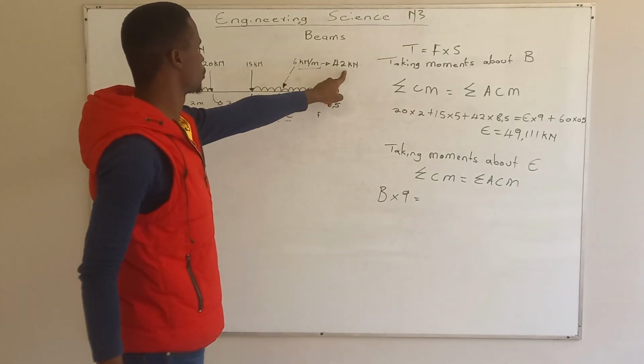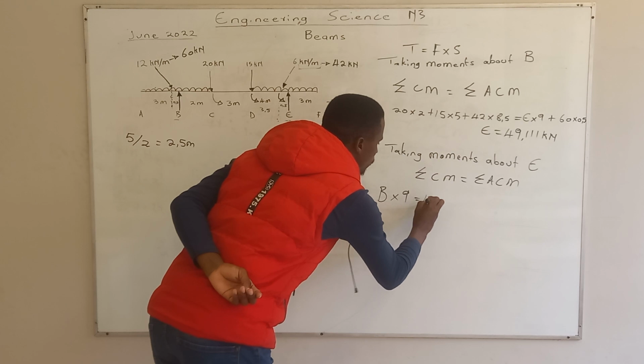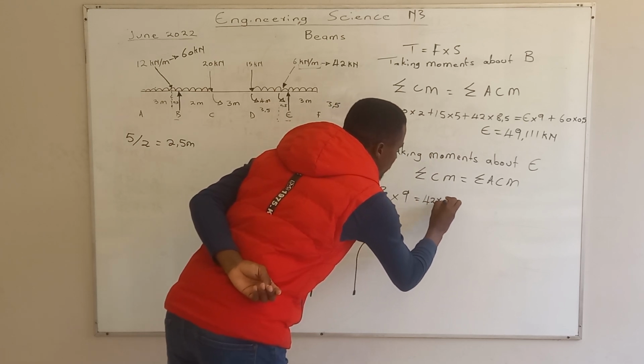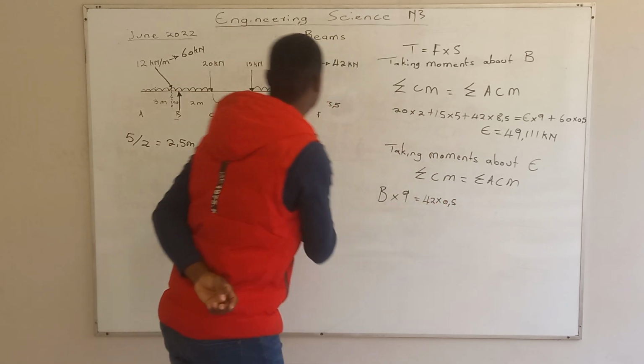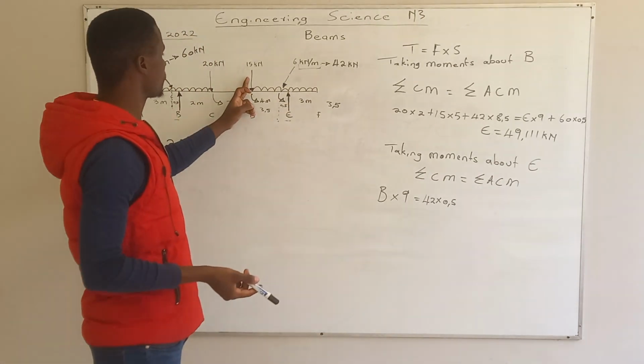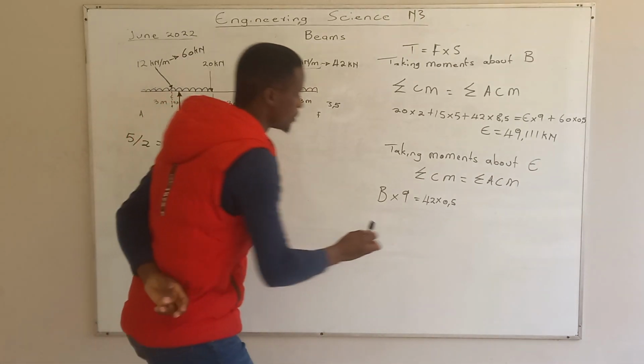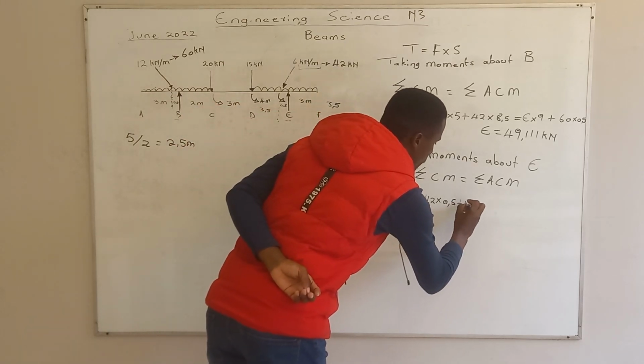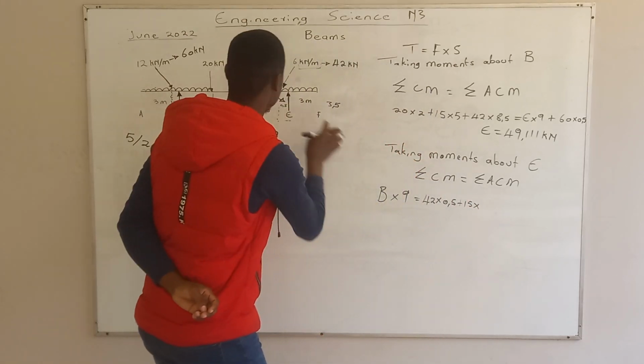This one, it's 42. So 42 multiplied by the distance, which is 0.5. The distance from here to here is 0.5. And then from there, plus 15 multiplied by the distance, which is 4.